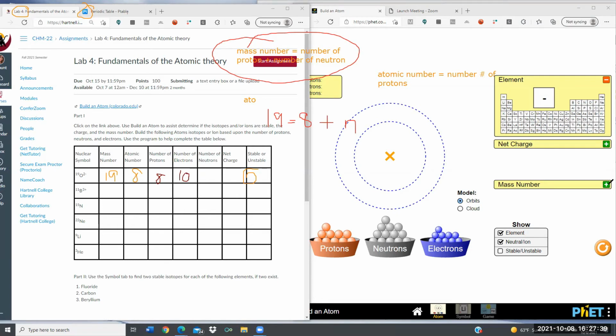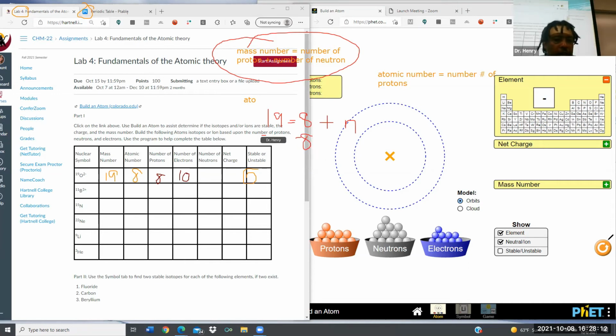How do we solve for n? How would I solve this equation? You don't add them, right? Nope. If I want to get rid of the 8 on this side, I'm going to subtract 8, and what I do to one side, I have to do to the other.